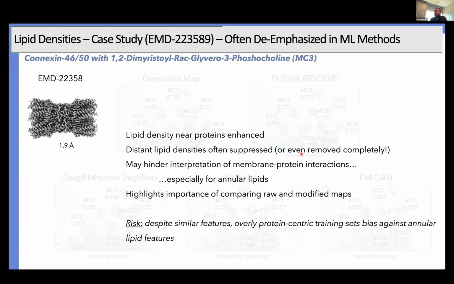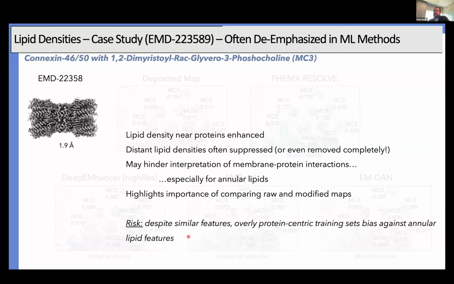So as I worry about with some of these high-res integral membrane protein structures, the interactions between these annular lipids and the protein could be completely subverted depending on the map modifier. Again, this highlights the importance of comparing the raw, the global sharpened, and these modified maps, because if you take just one as the gospel truth, you may fall into a pit of misinterpretation.